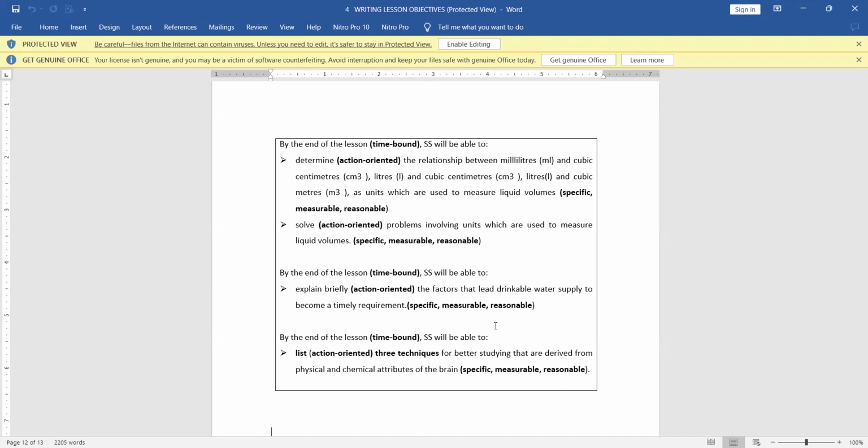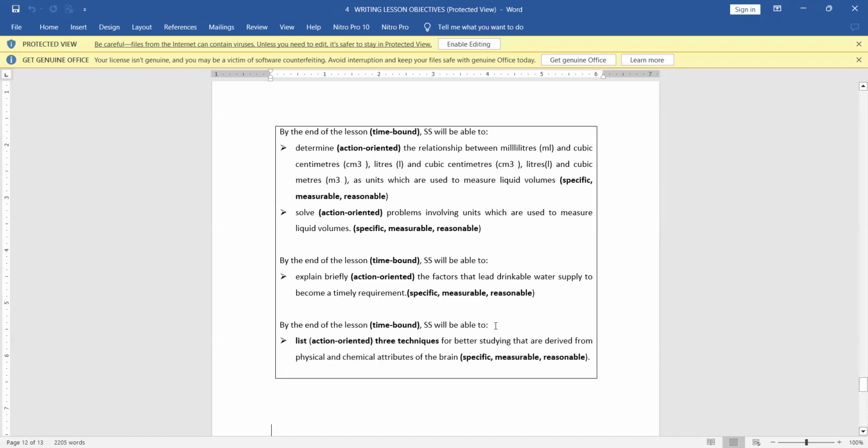So there we have specific, measurable and reasonable. Now, the factors that lead drinkable water supply to become a timely requirement, you can actually state how many factors. Then it is more specific and reasonable and measurable. Not always that you can say how many factors, but 3 main factors, 6 main factors, like that you can add.